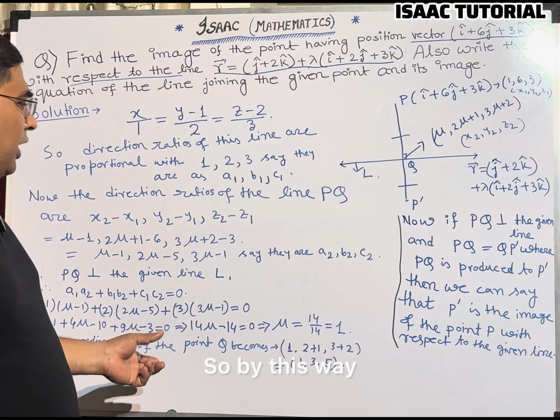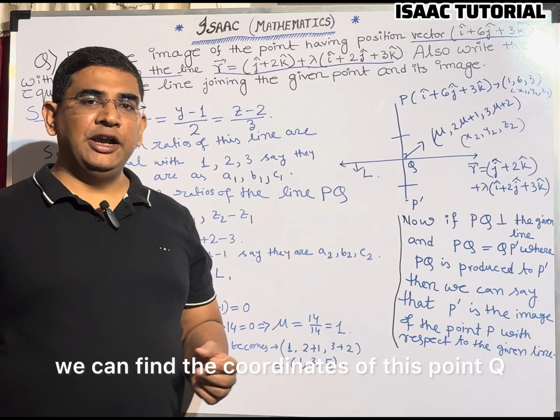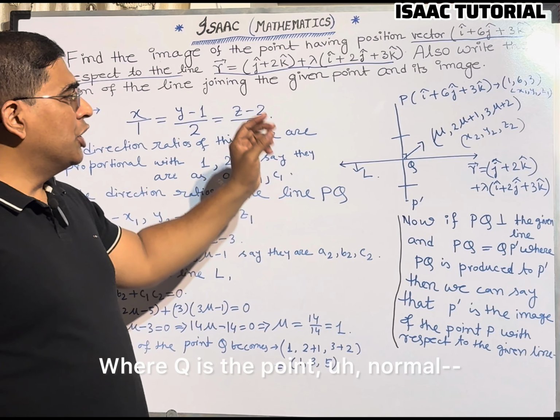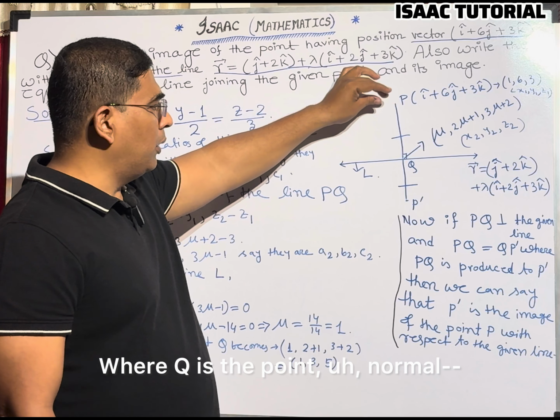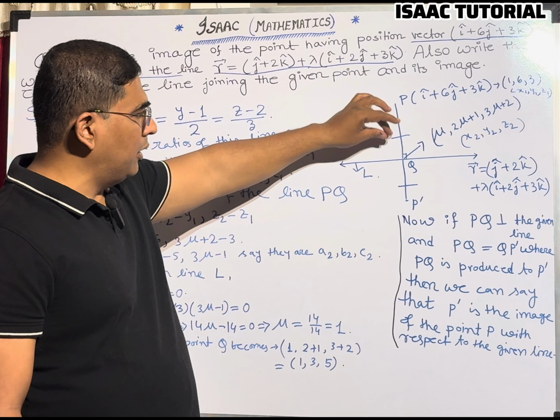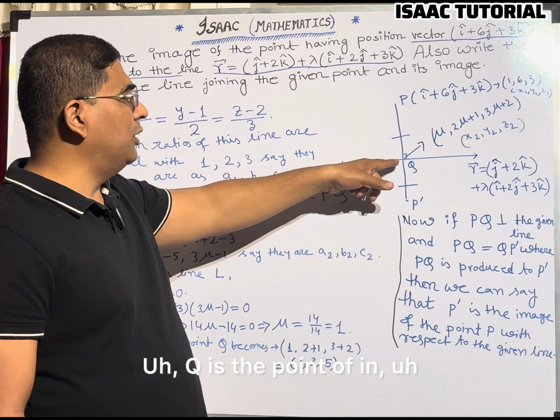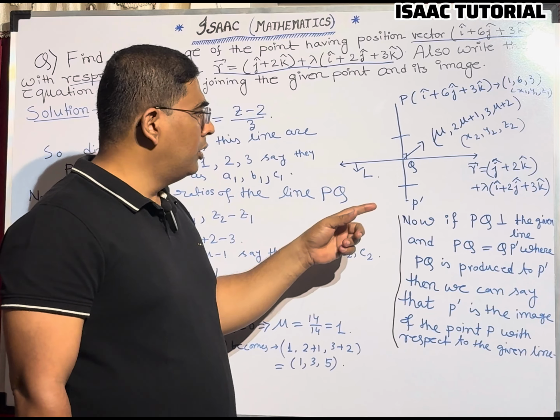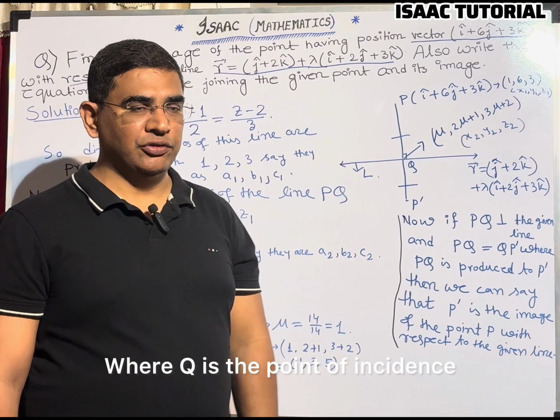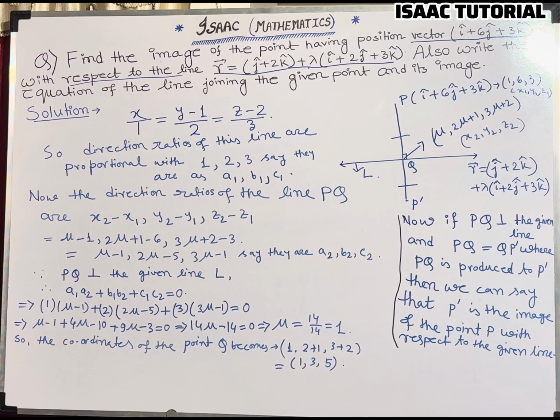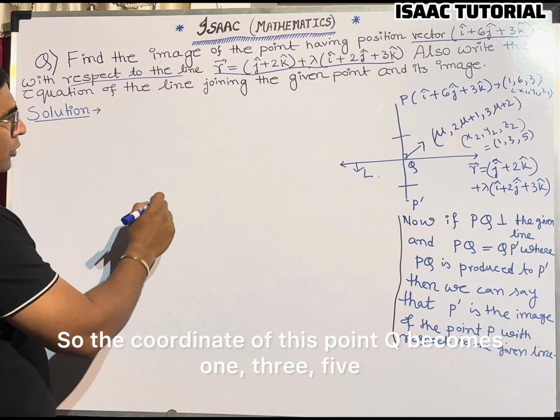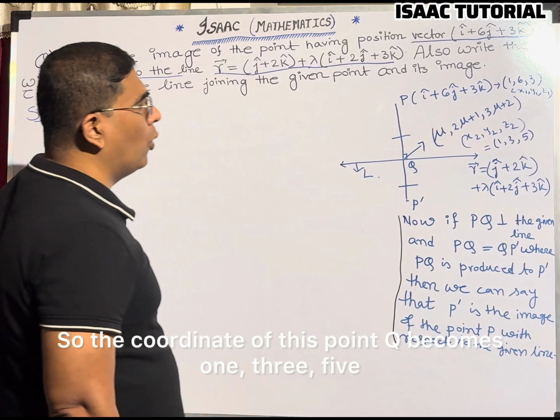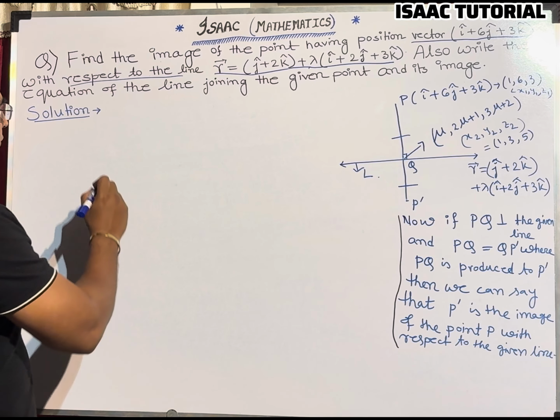So in this way we can find the coordinates of this point Q, where Q is the point of incidence. So the coordinates of this point Q become 1, 3, 5.